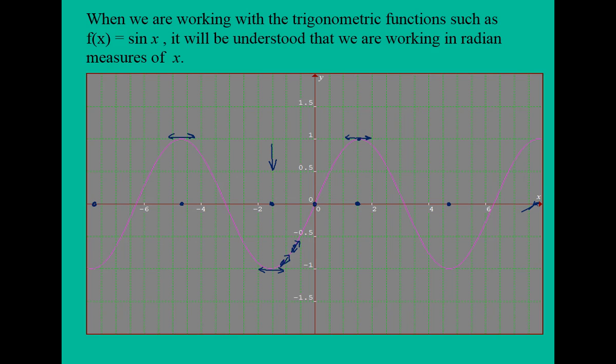Now, at 0 is where the slope of the tangent line is the greatest. It has the greatest positive value. And if we calculated the slope of that line, it looks like it's about 1. So I'm going to plot a point up here at 1. Now I know the values from negative pi by 2 and up to x equals 0, they're becoming more and more positive. So I'm just going to draw the graph there.